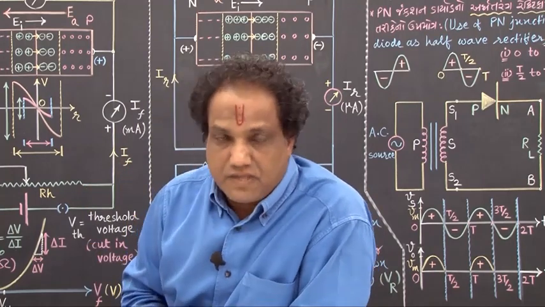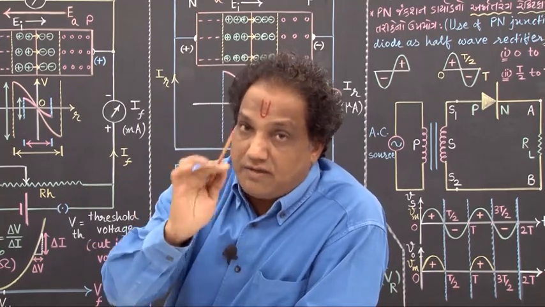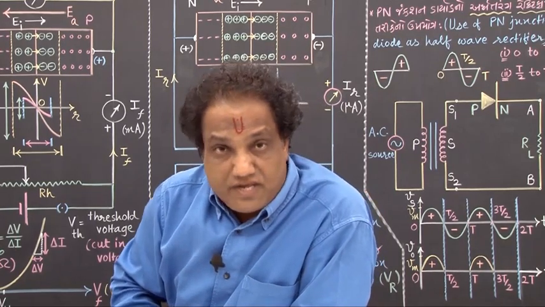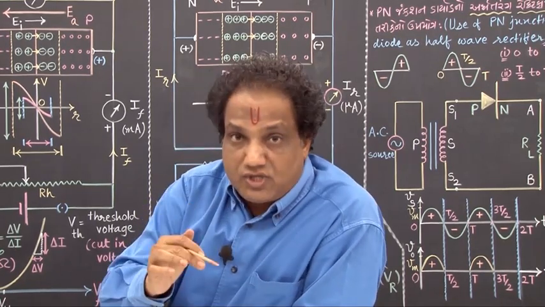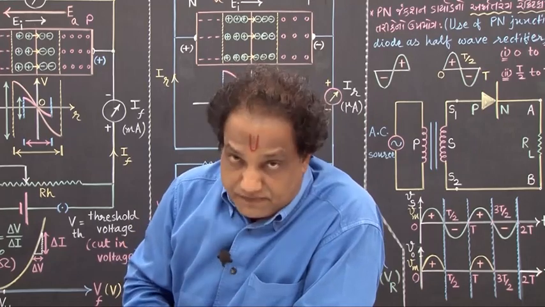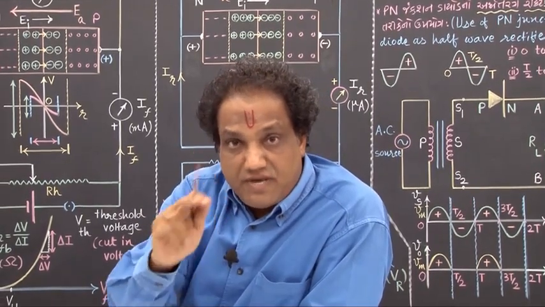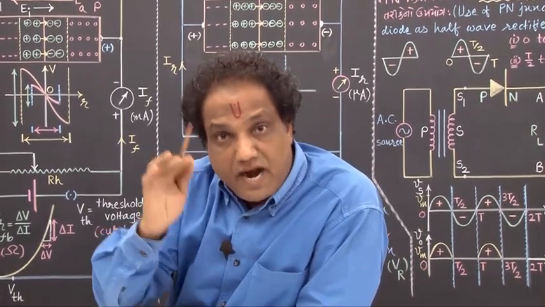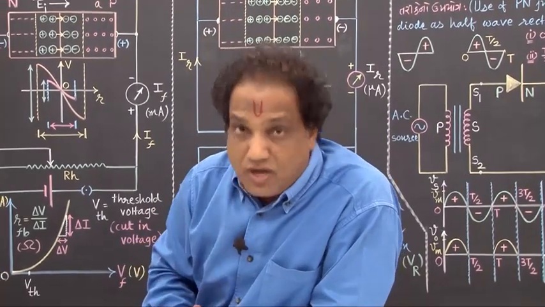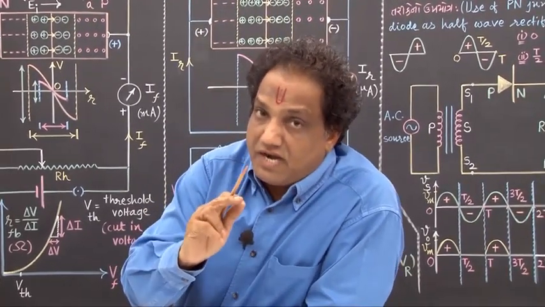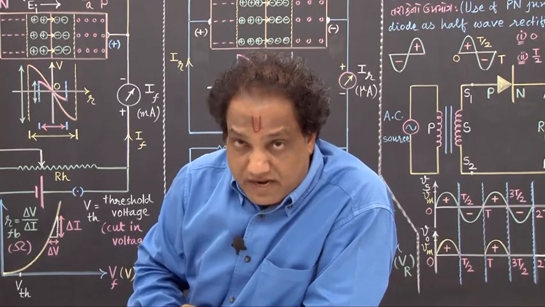Now, when you connect a battery across a PN junction, we are actually biasing that PN junction. Biasing a PN junction means connecting a battery across the PN junction diode. You can connect the battery in two different manners.